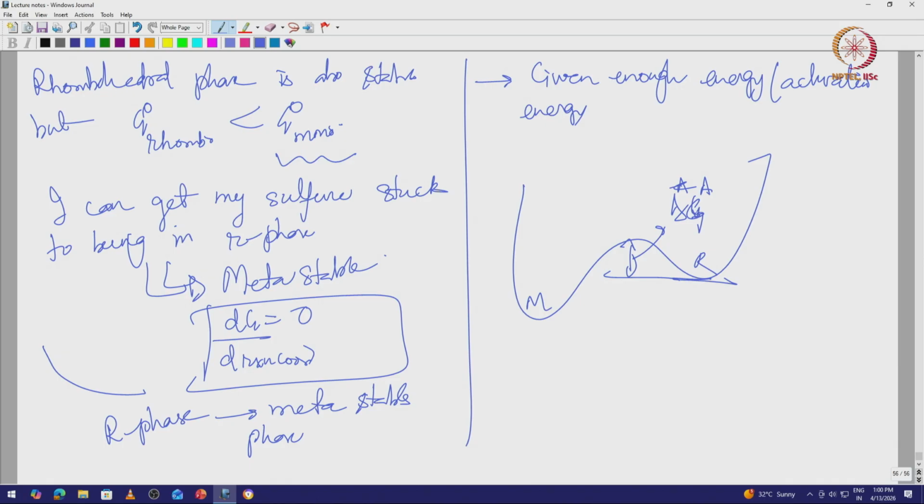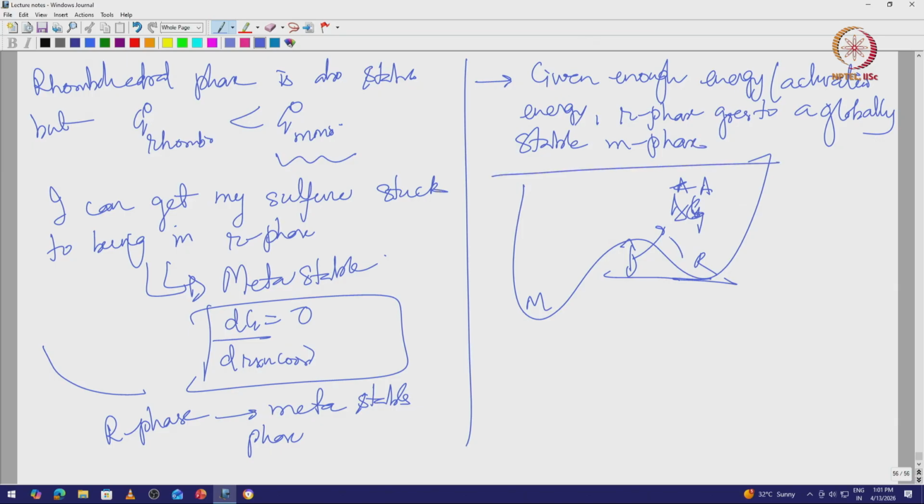Okay. So, given enough activation energy, R phase goes to a more globally stable M phase. Okay. So, it can actually flip from here to here given enough activation energy.